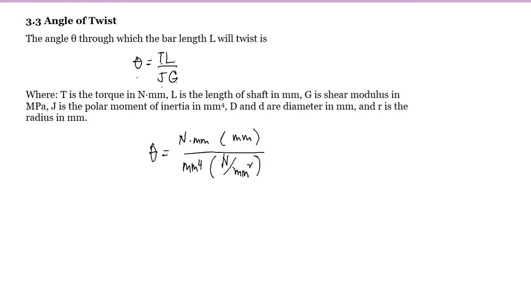So we would have here Newton cancelled out. Itong 4 divided by 2 is 2, and mm times mm is mm square. So all of the units would be cancelled out, meaning this theta here is unitless.